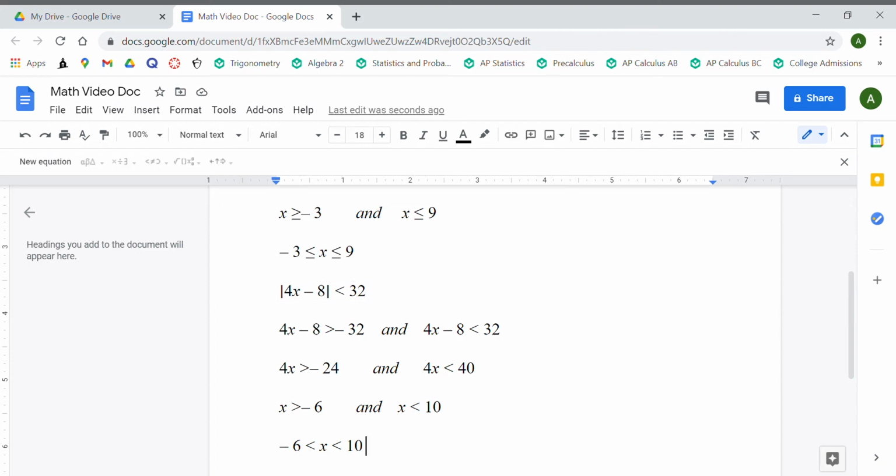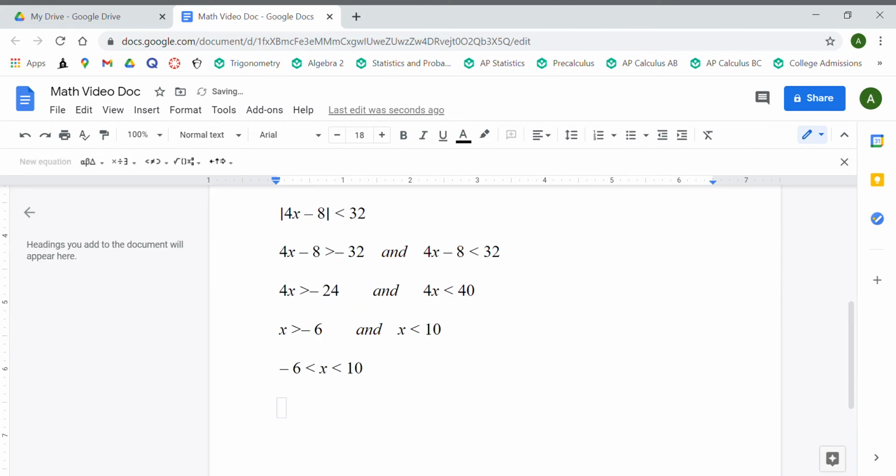Now, I want you to take a look at this inequality. Is it possible to solve this inequality? If you remember the definition of absolute value, then you can figure out that the answer is no. By definition, the absolute value of an expression will always be positive.